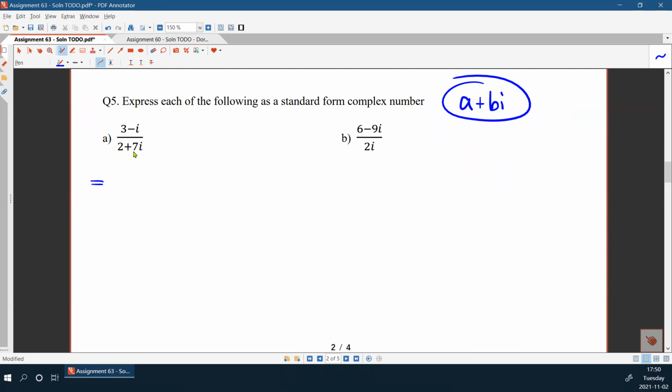By multiplying the denominator by its conjugate complex number, right? So first of all, for the first question, we can multiply both the numerator and denominator by 2 minus 7i, right? Because 2 minus 7i is the conjugate of 2 plus 7i.